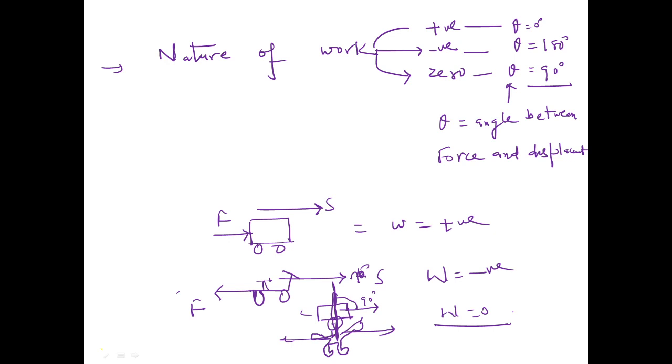Second thing is that negative work done is said to be negative if the applied force on an object and its direction of motion are opposite, or a component of the applied force and direction of motion are opposite, or the angle between the applied force and direction of motion is obtuse, theta greater than 90 degree.